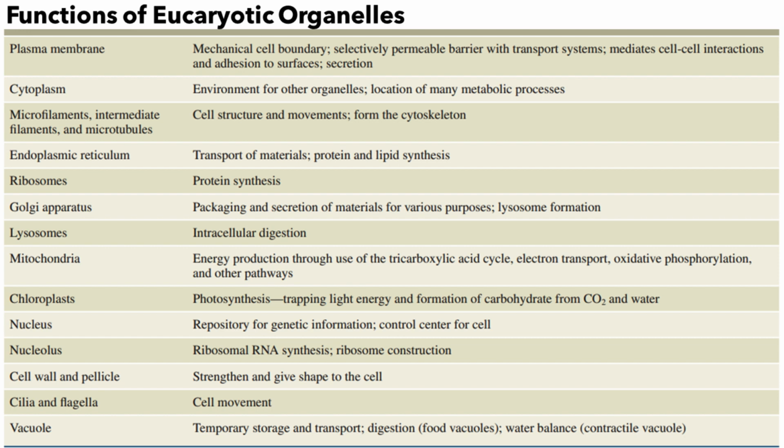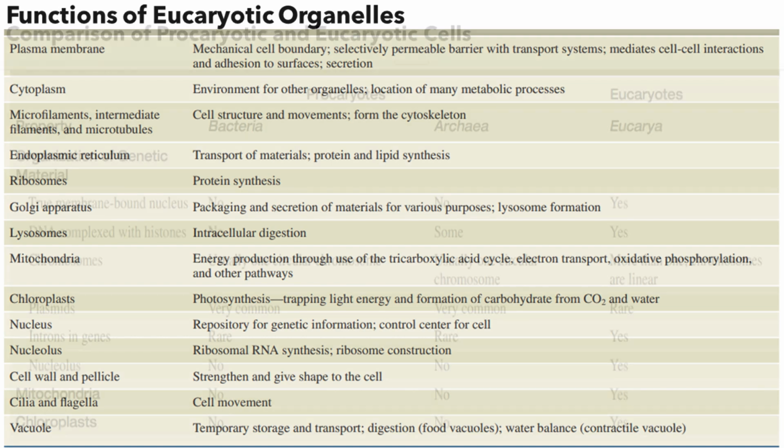For ribosomal RNA synthesis and ribosome construction. Cell wall and pellicle. Used to strengthen and give shape to the cell. Flagella. They play an important role in cell movement. Vacuoles. Important for temporary storage and transport, digestion (food vacuoles), and water balance (contractile vacuoles).